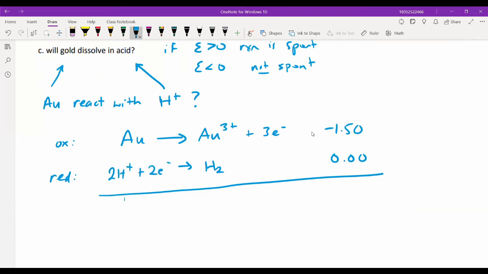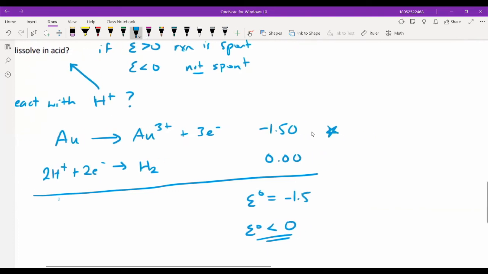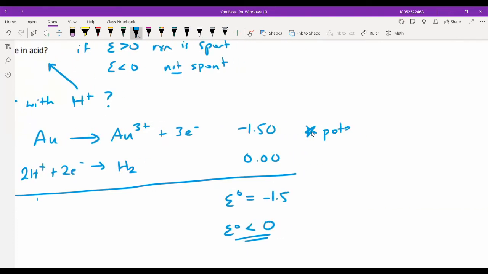So we don't even have to worry about multiplying and adding the half reactions together, because the potentials don't get multiplied. All we need to do is just add the potentials together. And if we do that, this is negative, which is not going to happen. So that's something I'll point out here: potentials never get multiplied. We'll go over this more in the next video.